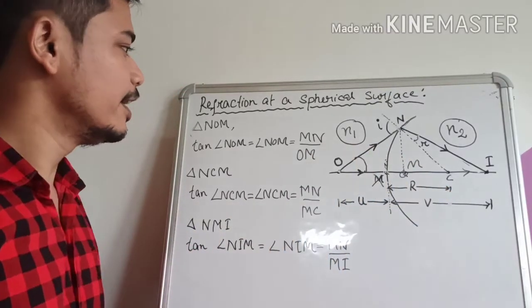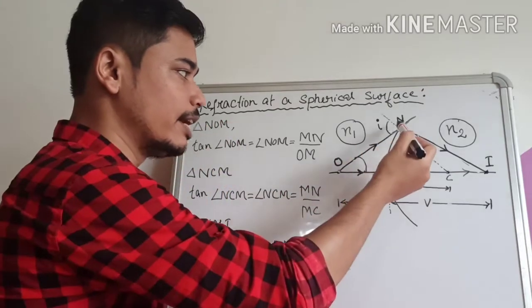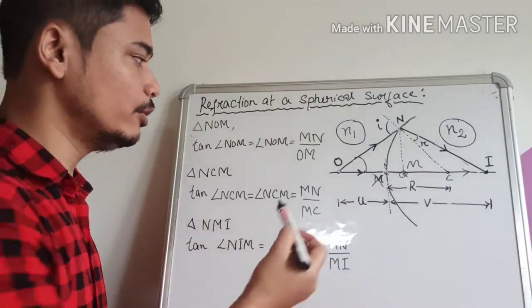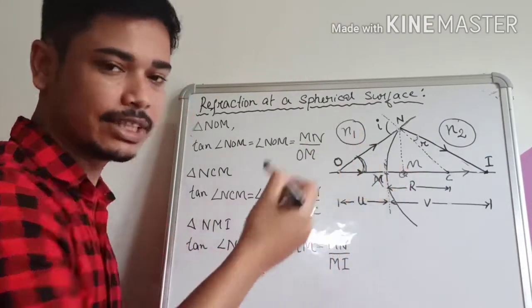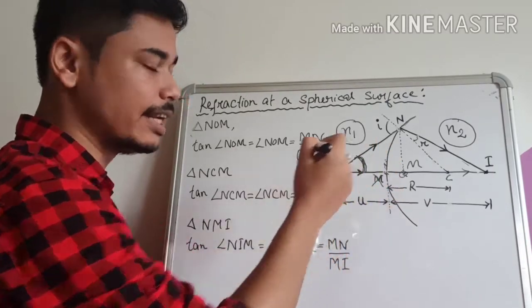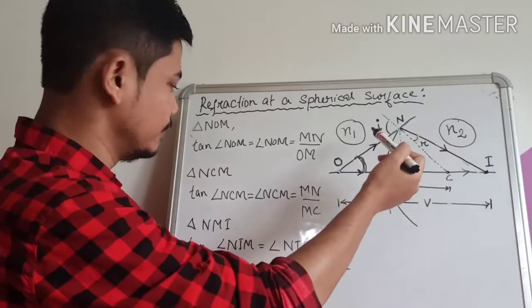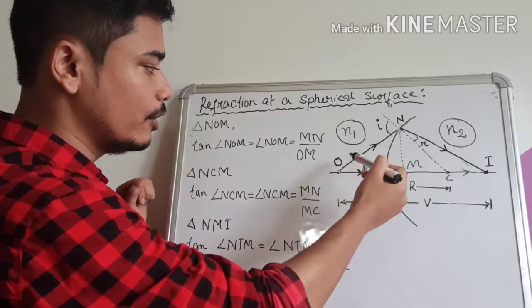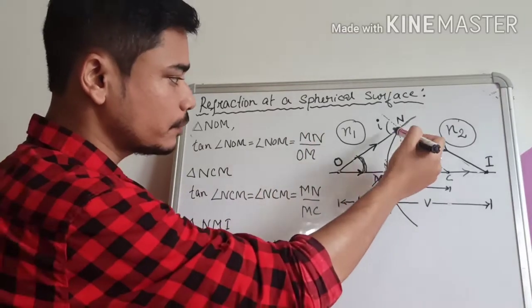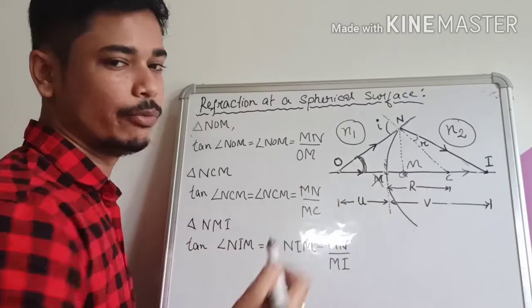So if we consider triangle NOM, we are going to take the tangent of this angle. That will be tan of angle NOM, which is nothing but MN, the perpendicular, divided by OM, the base.